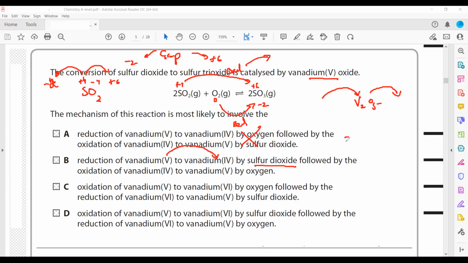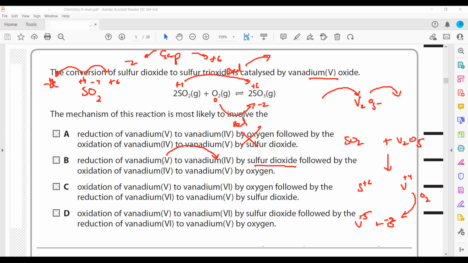So sulfur dioxide first mixes with vanadium pentoxide, V2O5, and it will form SO3, where sulfur is +6, and vanadium is +4. And this vanadium +4 reacts with oxygen and turns back to vanadium +5, because oxygen is reduced. If oxygen is reduced, vanadium should be oxidized.